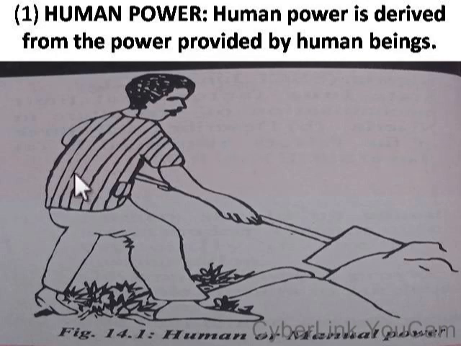Look at this farmer using crude implements to heap the soil together. So human power usually makes use of crude implements such as the cutlass, the spade, the hoe, the wheelbarrow, and the rest of them.